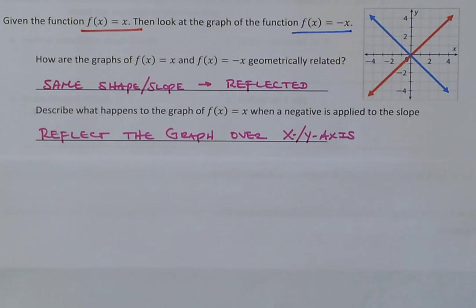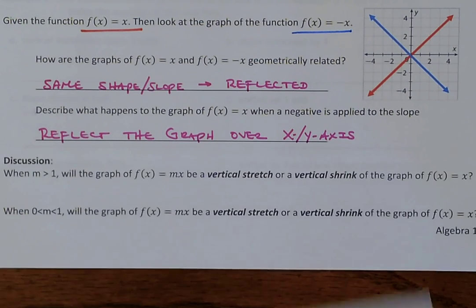So any time that a negative is introduced or taken away, that's going to reflect the line. Anytime you see a negative appear or disappear, your line has been reflected. Or if they ask you to reflect a line, you're going to introduce a negative or take a negative out of the problem.